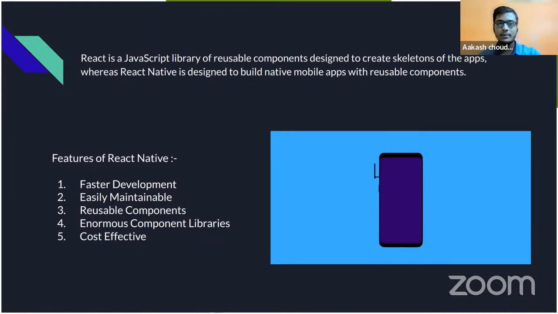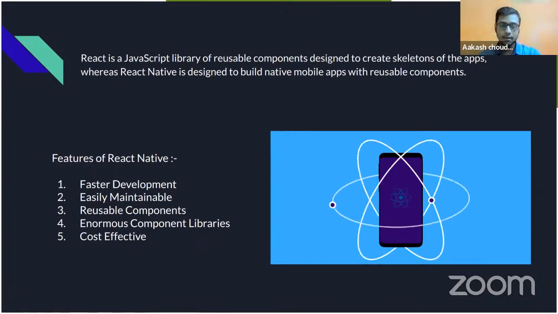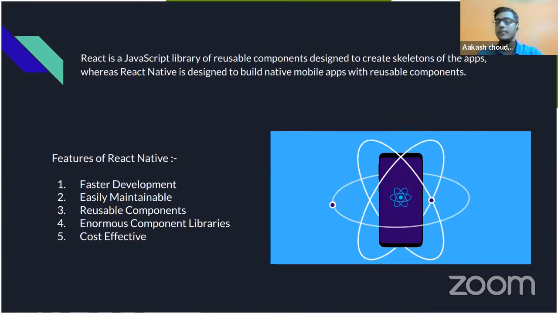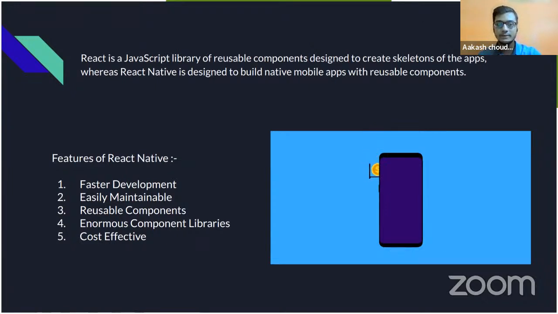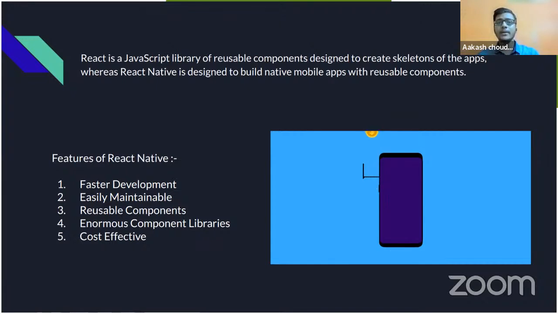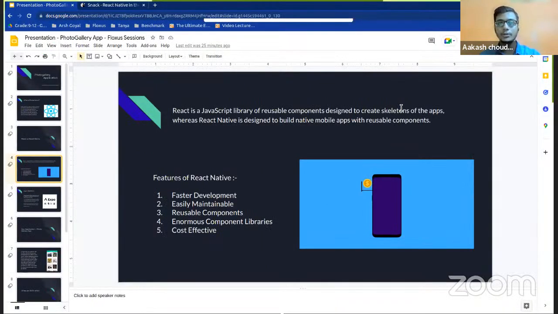Okay, so there are very useful features of React Native. We have faster development. As I said, if you want to develop your business application on a full scale, you don't need to look for developers for your Android application and for your iOS application. Let's say you're developing your application for these two environments. Okay, and it is easy to maintain. Why? Because you can use Redux.